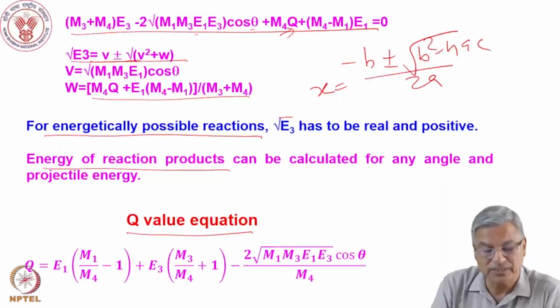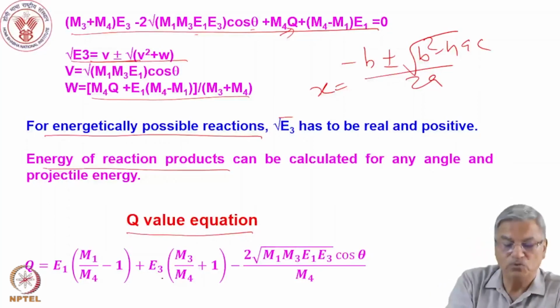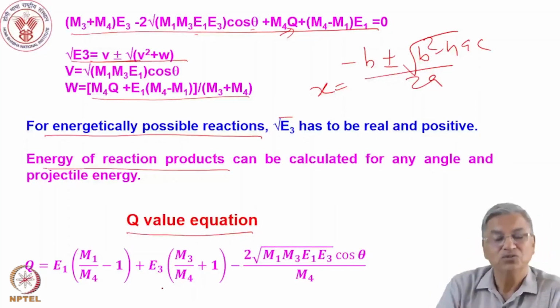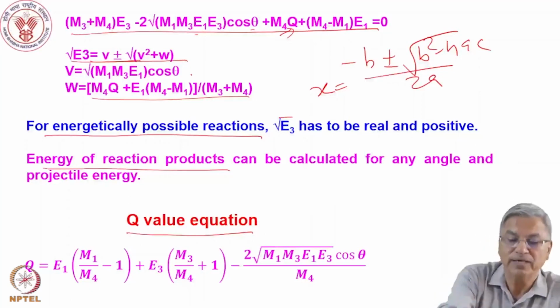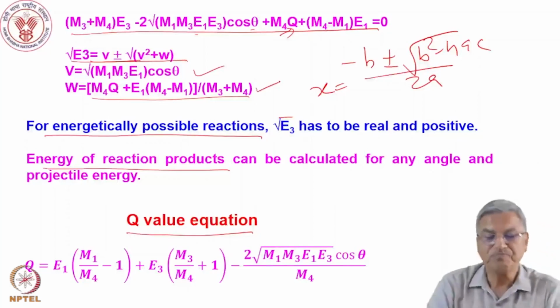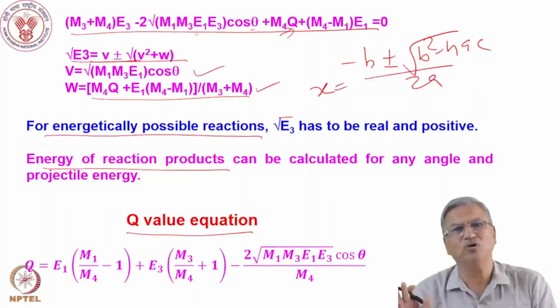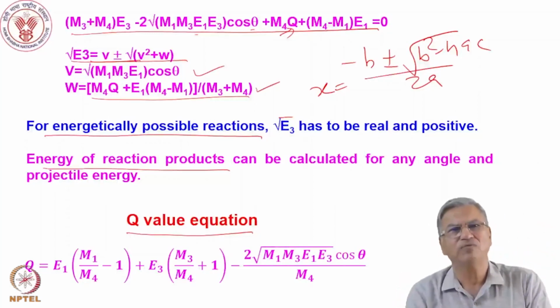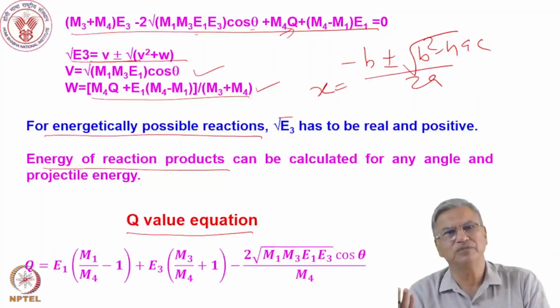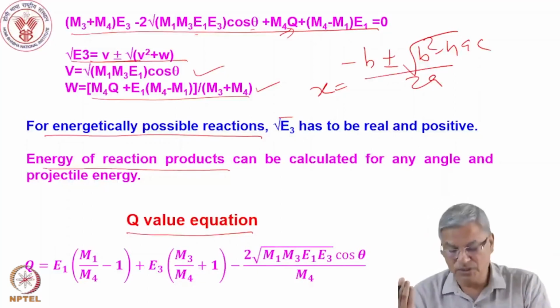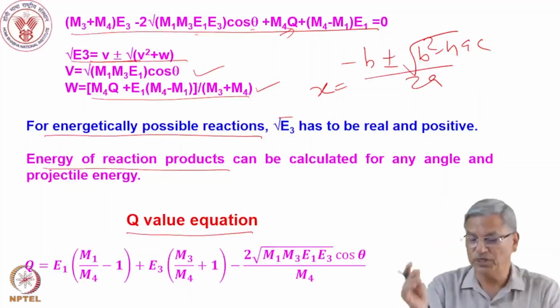It has been represented here, and the solution of the Q value equation, again root E3 equal to V plus minus root of V square plus W, where V and W are given by these expressions. So this is a generalized solution of the Q value equation, and for any type of reaction mechanism, you can use the same formulations.